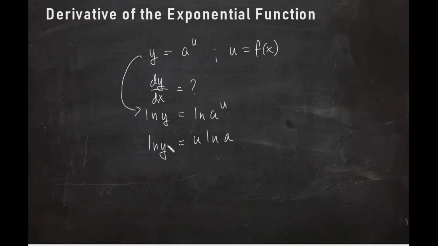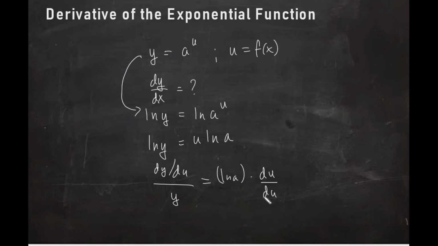If we get the derivative of this function, then we will have the derivative of y with respect to u over y is equal to u times ln a. So we apply the derivative of a product there, and the derivative of u with respect to u.